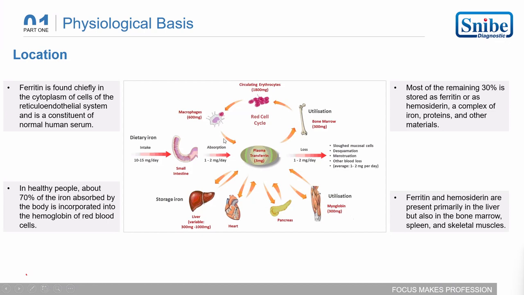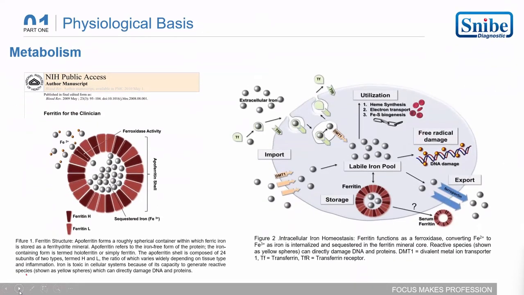Most of the remaining 30% is stored as ferritin, in hemosiderin, or in a complex of iron, protein and other materials. Ferritin and hemosiderin are present primarily in the liver, but also in the bone marrow, spleen, and skeletal muscles. So these are the sources of ferritin, and they can be stored in different organs and tissues.